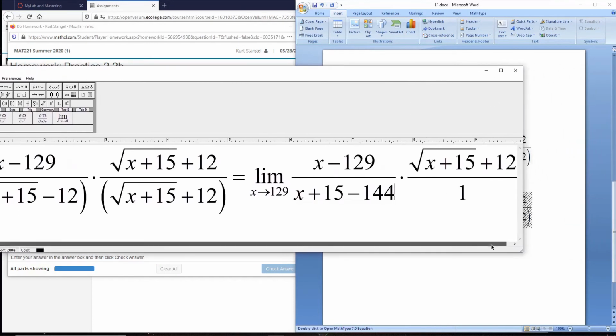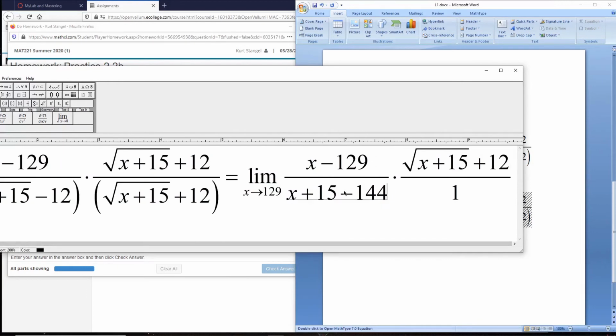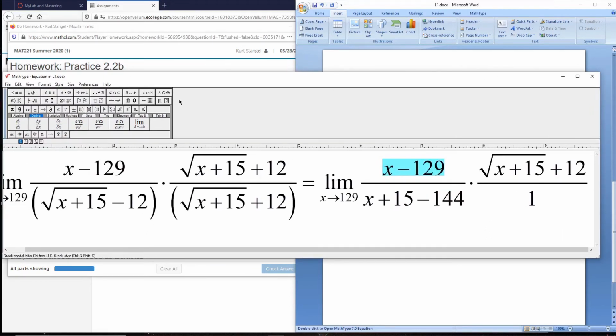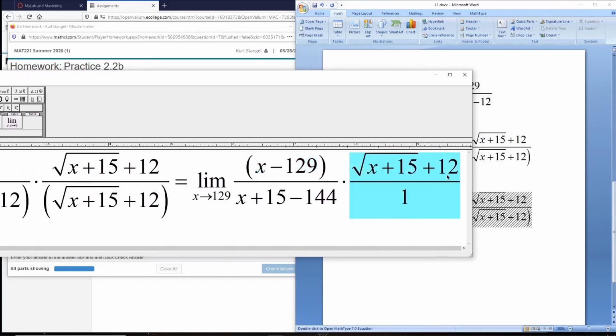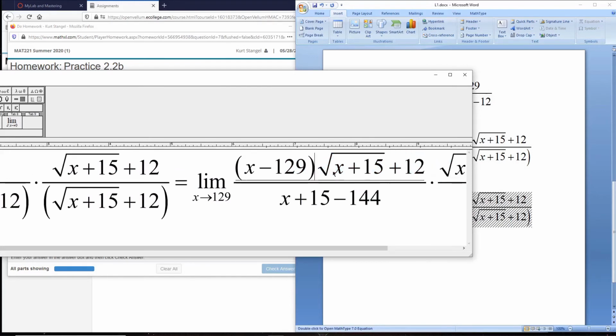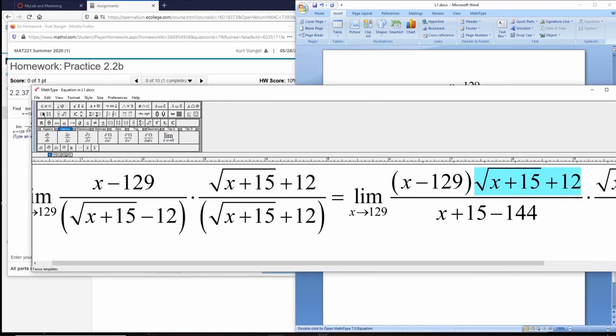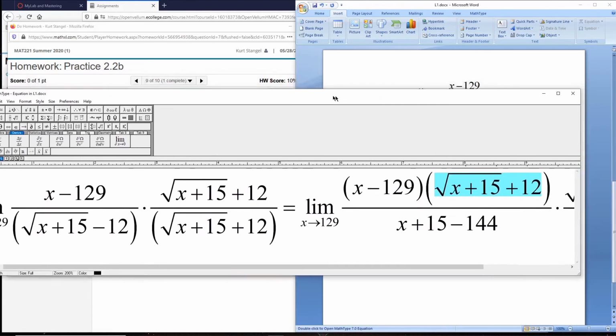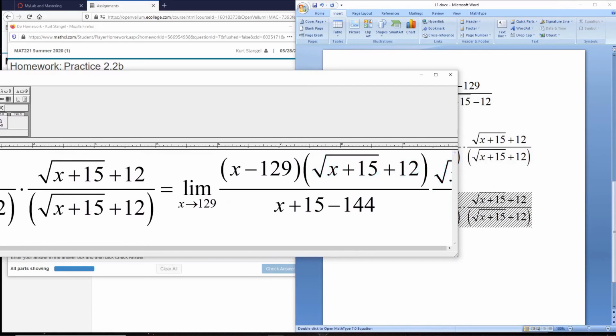So here's our expression here. We distributed the denominator. And I'm just going to clean up the numerator a little bit here. Because we don't need this division by 1 anymore. And this one is pretty long here, but get that out of the way.